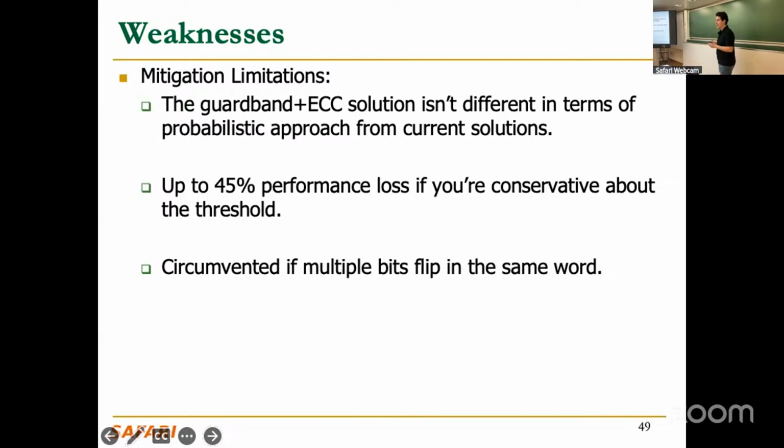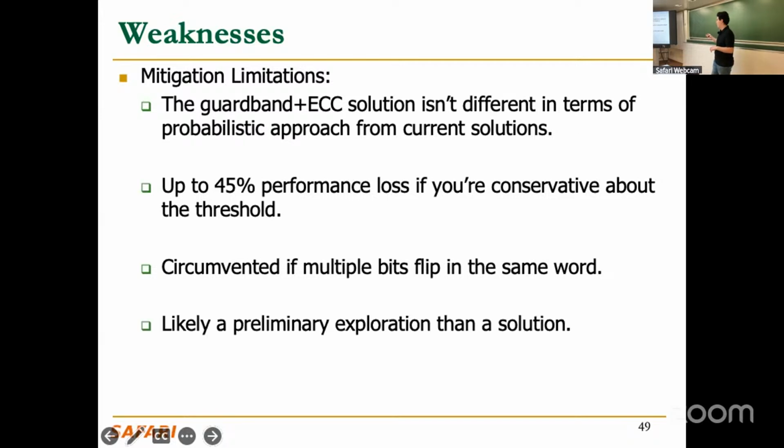And if they can possibly do multiple bit flips, in the end, our solution will be nullified. So at the end, I believe this is likely a preliminary exploration, meaning that it's a temporary solution rather than a full-fledged or standalone solution that they need to suggest.